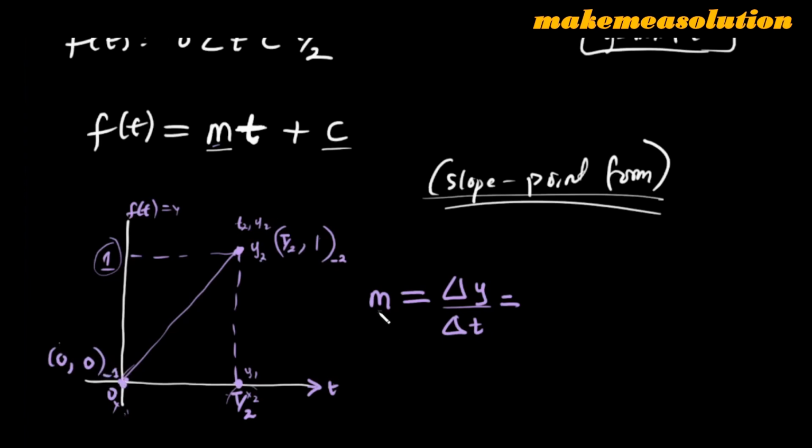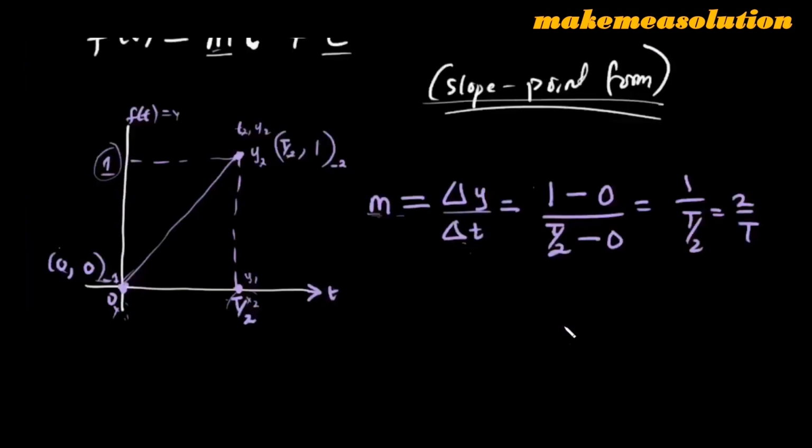You can use this to find your slope. Your slope is going to be y2, which is 1, minus y1, which is 0, over t2, which is T over 2, minus t1, which is 0. So with this, you will have 1 all over T over 2, which gives you 2 all over T. So the value of our slope is 2 over T.